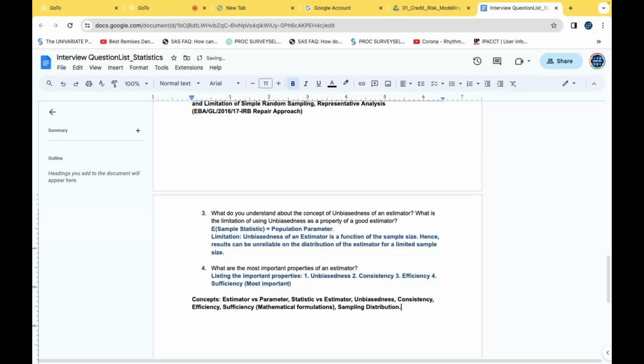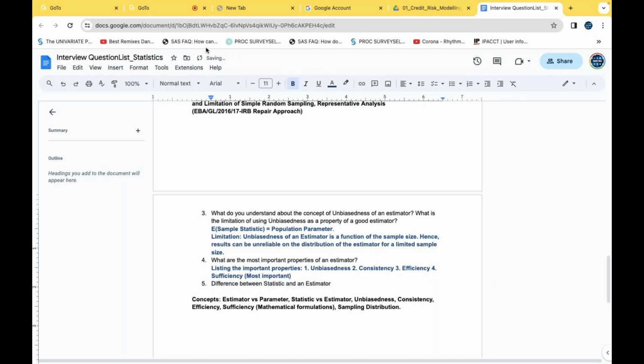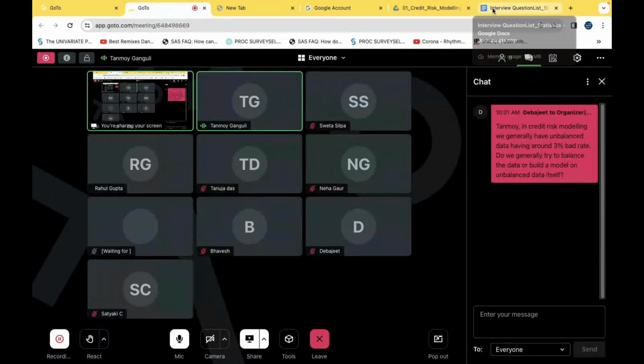Yes, what is the difference between a statistic and an estimator? I just need to put this question down.